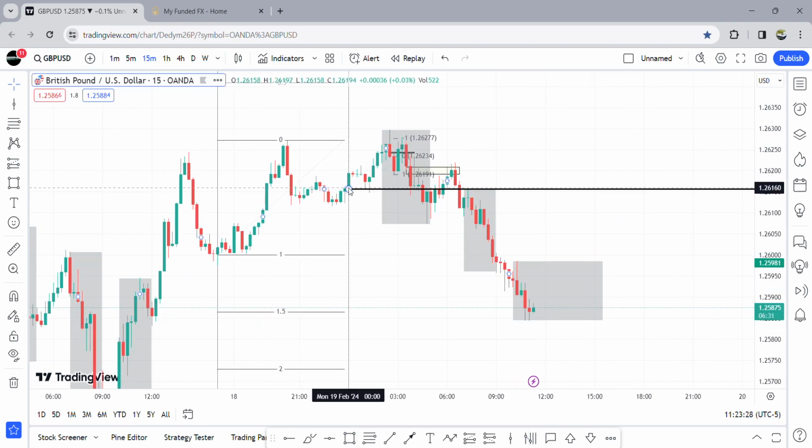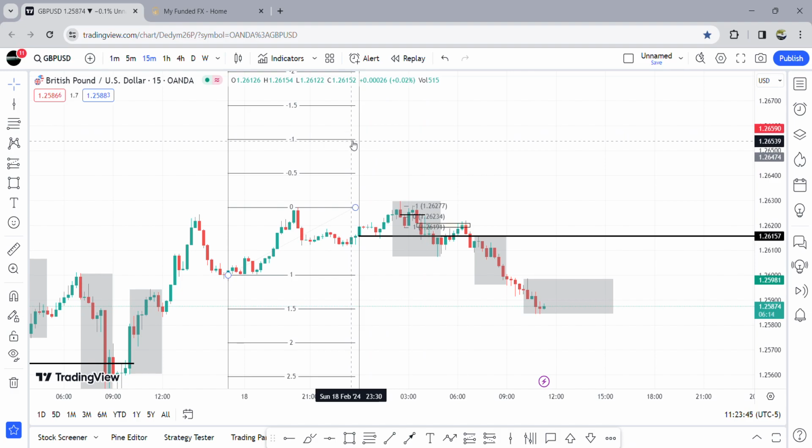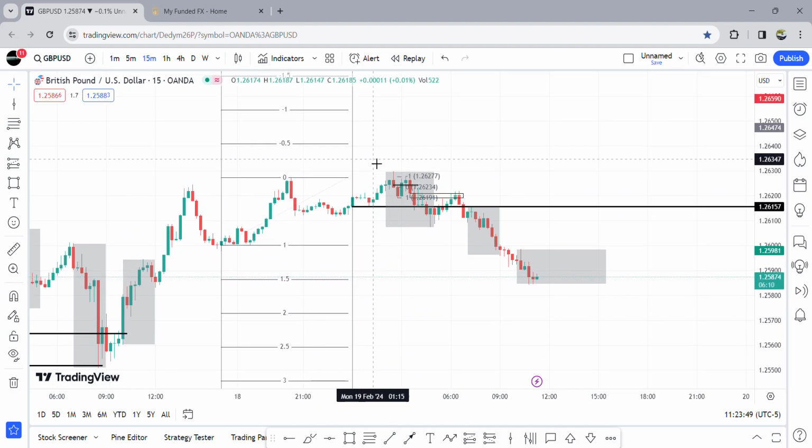So you have day open. I always mark day open. No matter what chart I'm on, I always mark midnight New York. Everything's in New York time. So between 2 and 5, I'm looking for a level that's been hit here. So 0, 1, 0.5, negative 1, negative 1.5, negative 2.